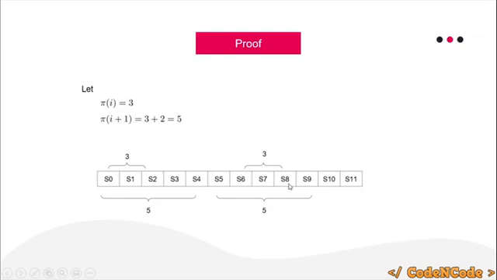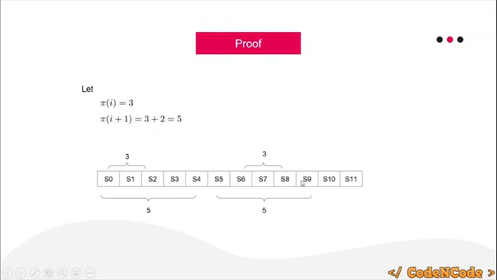I'm considering i equal to 8, right? So pi of i is equal to 3. Now I'm saying that pi of i plus 1 is actually 5, which is incremented by more than 1. We are saying that it cannot increment by more than 1, but let's assume that it can, and so I am incrementing it by 2, or you can take any number here, 2, 3, 4, 5, doesn't matter.